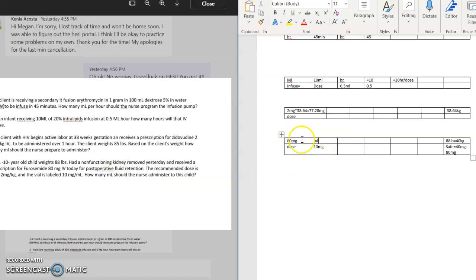You can cancel milligrams here, multiply across the top, and you'll get 80, and then multiply across the bottom, you'll get 10. 80 divided by 10 is 8 milliliters per dose, because it's asking how many milliliters should the nurse administer. So we're going to be administering 8 milliliters per dose.